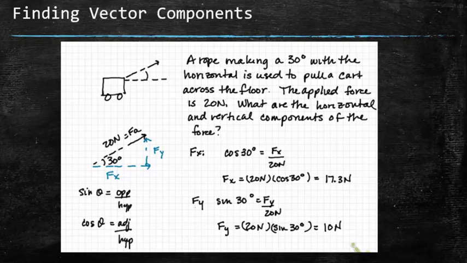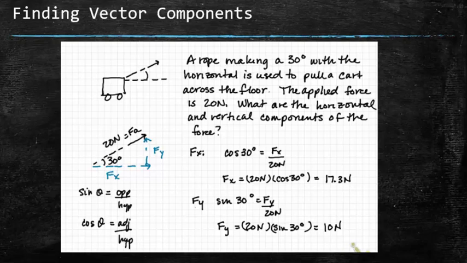We're back to trig. We can't use the Pythagorean theorem because we're trying to find the components, but we can use trig. Remind yourself what the definitions for sine and cosine are, and then you just plug things in. To find the force in the x direction, which is the horizontal force, we have the adjacent side over the hypotenuse.